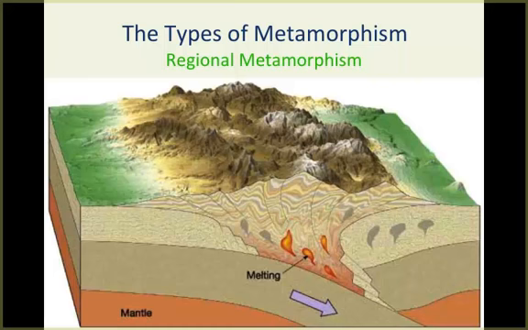And it's at these increased pressures and temperatures down deeper where the regional metamorphism is taking place. So we've got this regional metamorphism across a large area at a variety of depths that are recorded in the pressures in those metamorphic minerals.